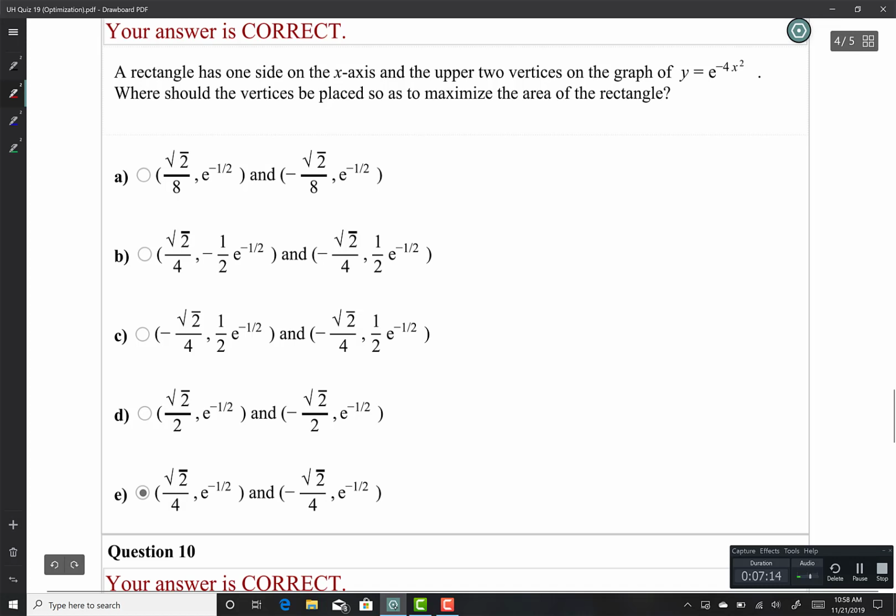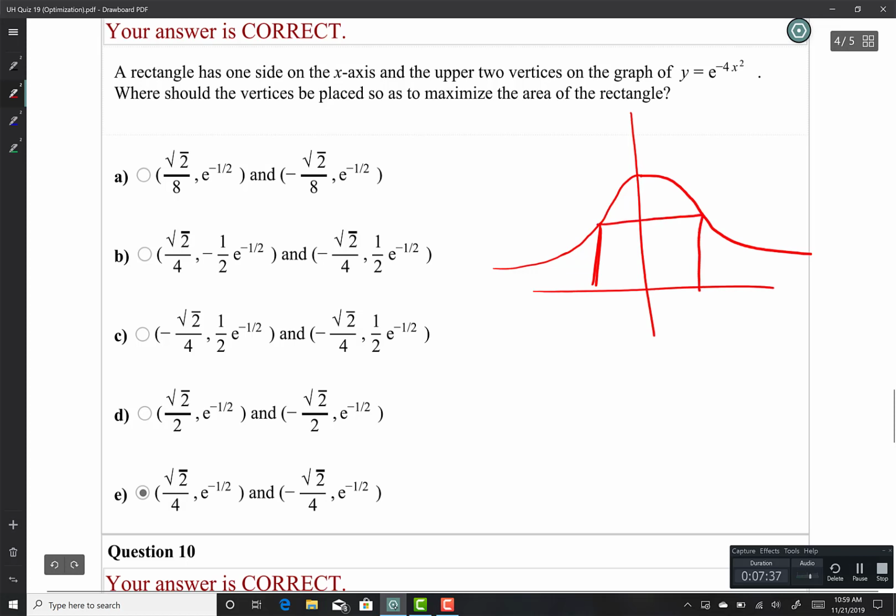All right, so e to the negative 4x squared, if I remember correctly, is going to look something like this. Something like that, if I remember correctly, guys. So I want that.